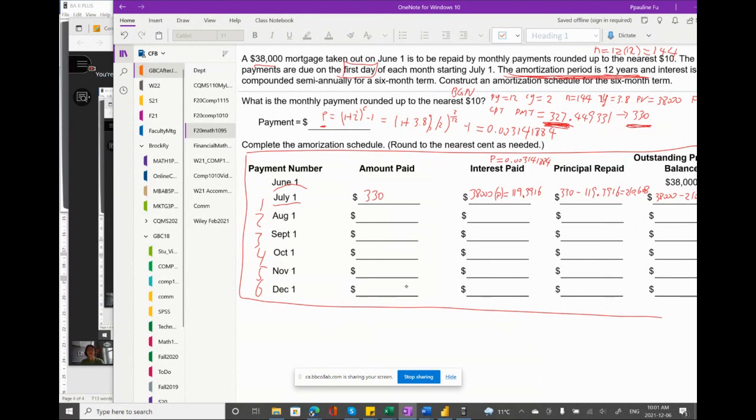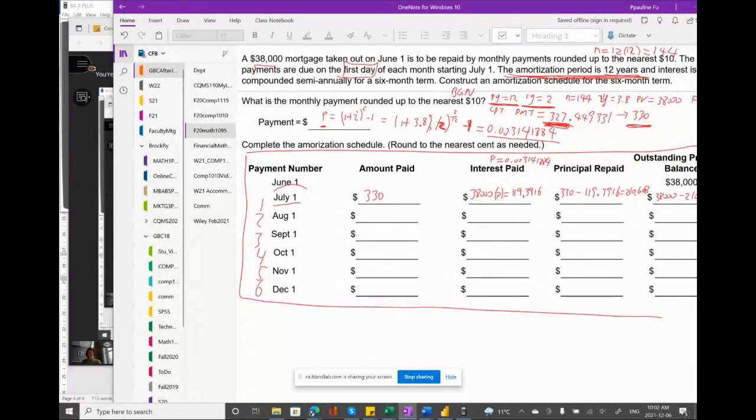P is 1 plus I raised to power C minus 1. I is 3.8% compounded semi-annually divided by 2. C is CY over PY. CY is 2, PY is 12. Plug in, you get P equal to 0.00314.